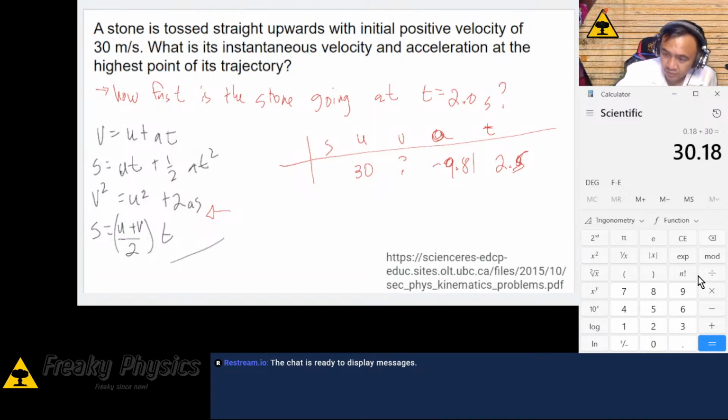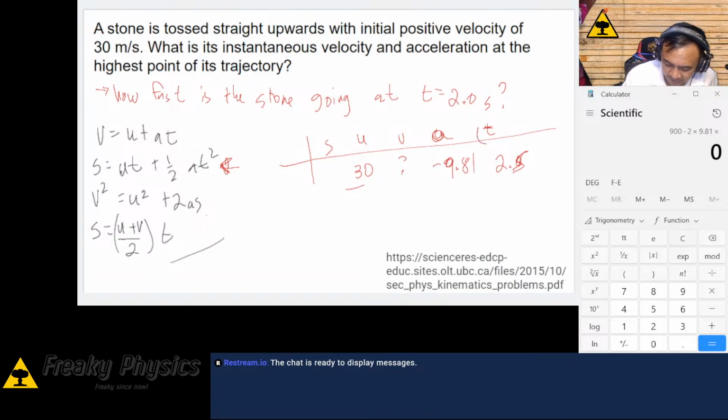So that's going to be 900 minus 2 times 9.81 times 2s. Actually, no, sorry. We're not supposed to use the v squared equation. You're supposed to use the second equation. It's going to be easier because you're given time.